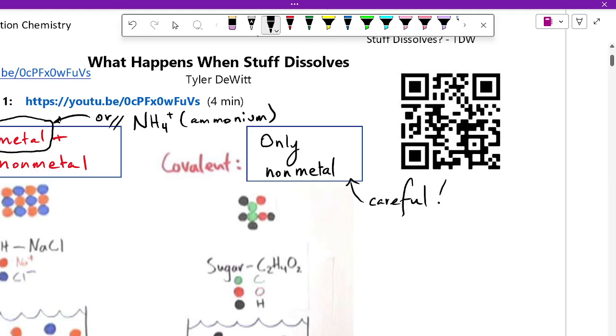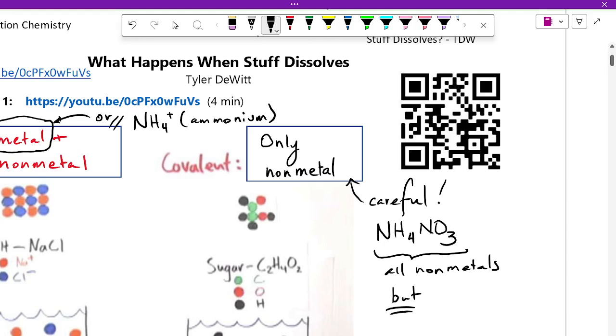Careful. NH4NO3, those are all nonmetals. But it is ionic because it starts with ammonium.